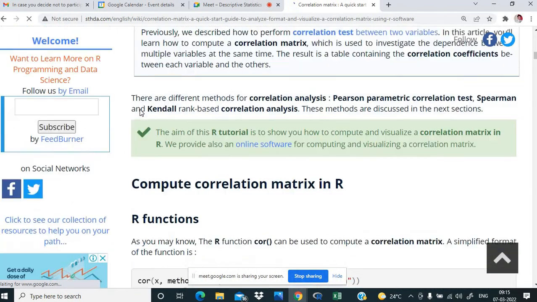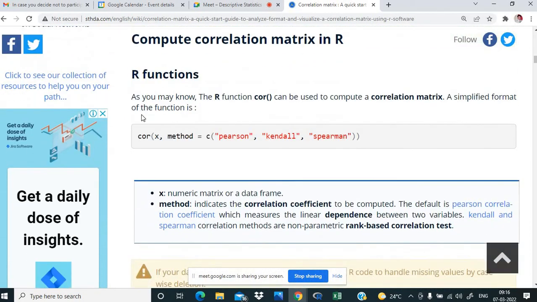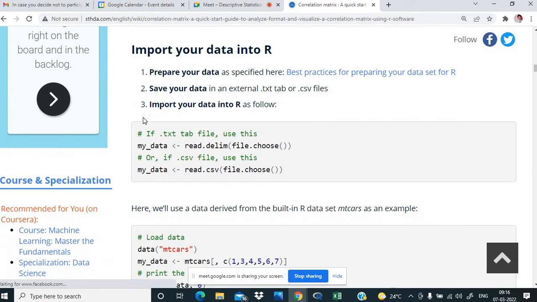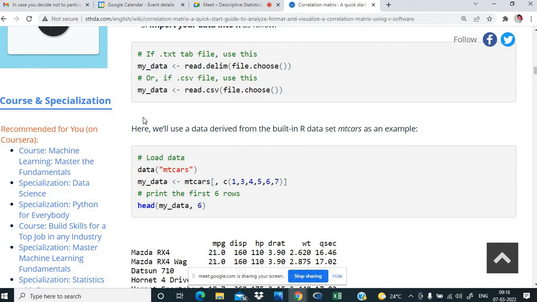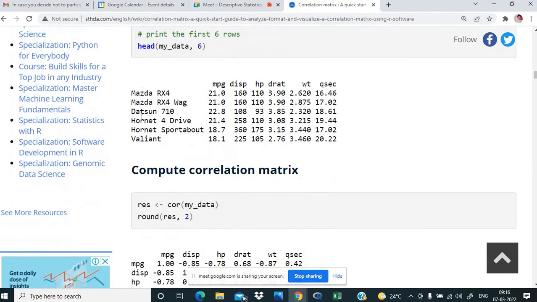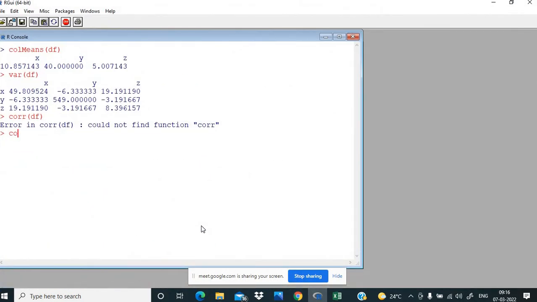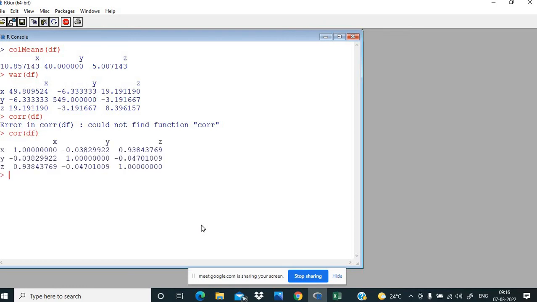They have given some command, COR, okay, not CORR. Let me check with COR. Yes, yes, correlation, COR df. Earlier I made a mistake with the double R.